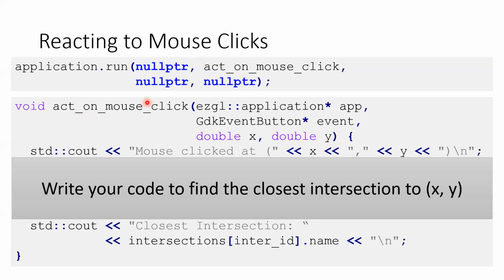And all of the callback functions are registered to have the same set of parameters. So for mouse click, we have the application, we have the event being mouse click, and we have double X and Y being the coordinates that being clicked on.